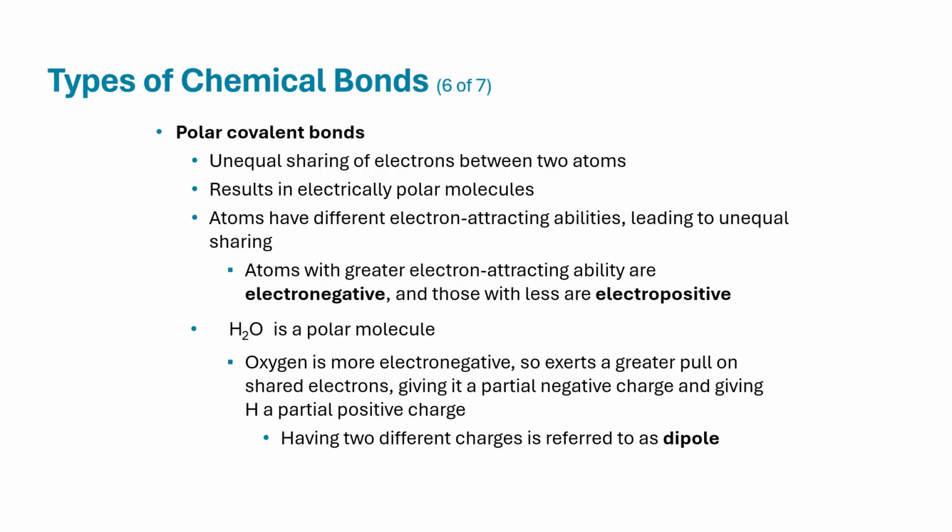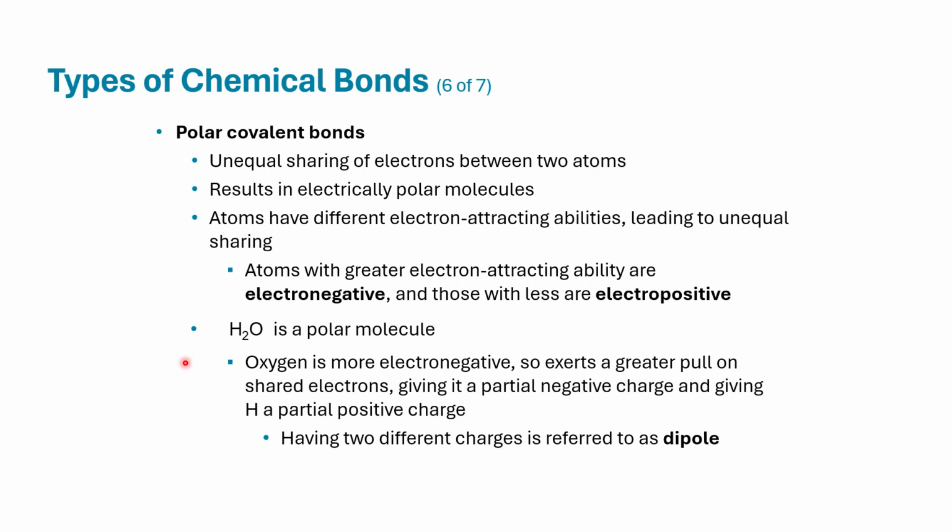All right, polar covalent bonds. This is the unequal sharing of electrons between 2 atoms. Results in electrically polar molecules. These atoms have different electron attracting abilities, leading to unequal sharing. So atoms with greater electron attracting ability are electronegative, and those with less are electropositive.